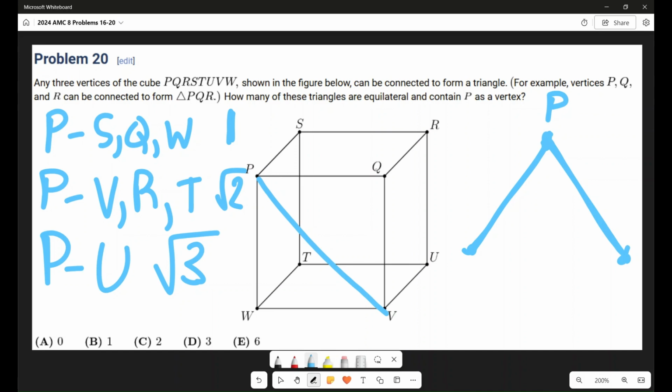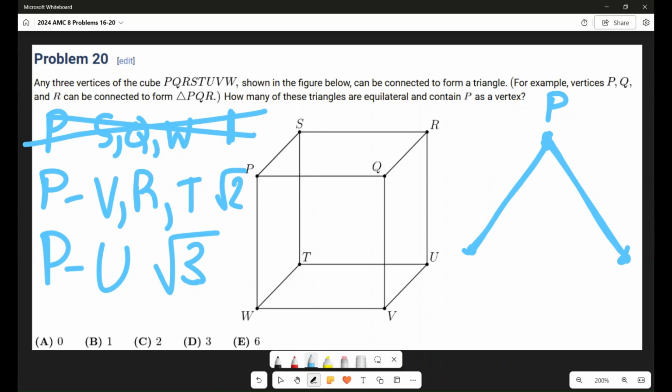Well, if we have something like PQ as a side of the equilateral triangle and PS as another side, then the third side will be root 2, and the vertex angle will be 90 instead of 60. So that won't work. Similarly, if we have Q and W as the other two vertices, it won't work. W and S, same idea. So that means that from this case, we don't get any solutions.